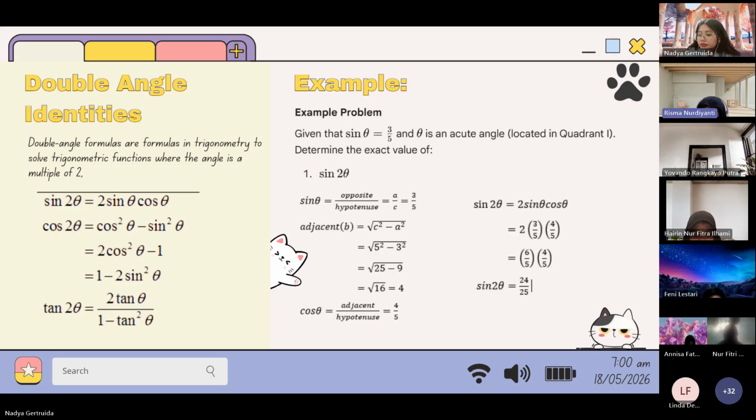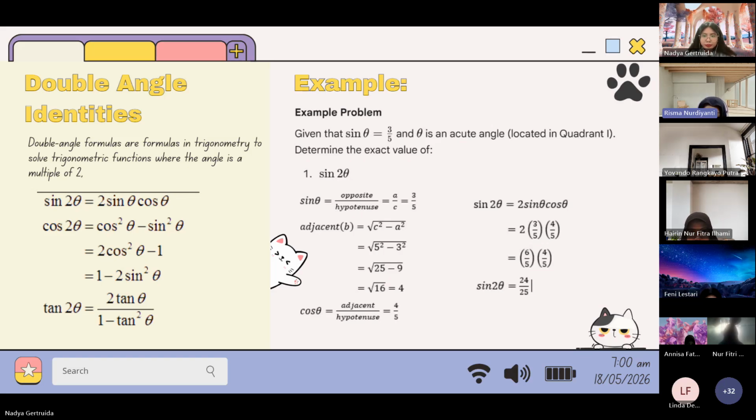Substitute the values: B equals the square root of 5 squared minus 3 squared, and B equals the square root of 25 minus 9. So B equals the square root of 16. Therefore, B equals 4.